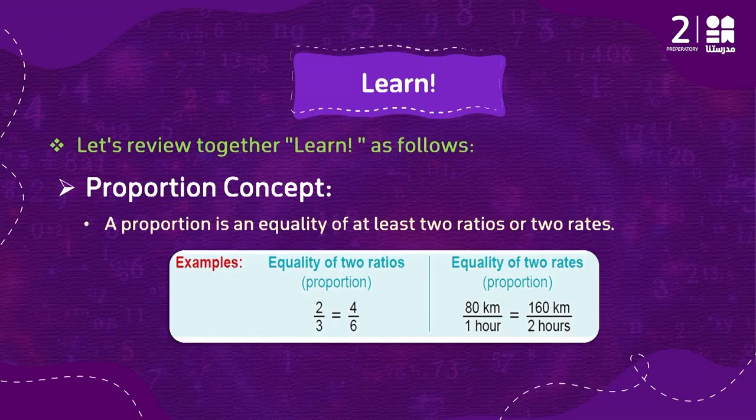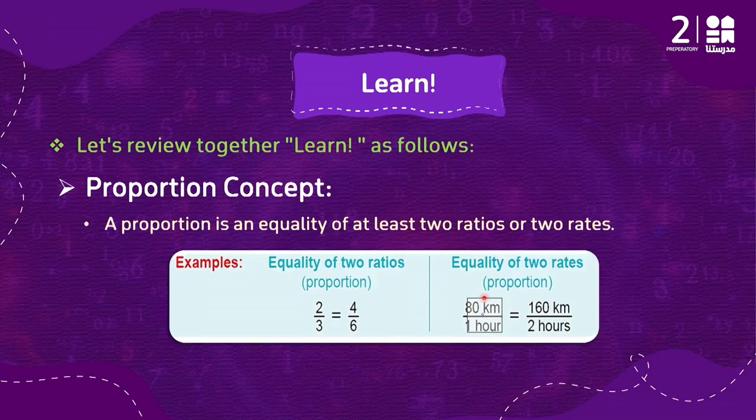So this is called a rate. 80 kilometers in 1 hour is equal to 160 kilometers in 2 hours. Or think in a different way: if you finished 80 pages in 1 hour, how many pages will you finish in just 2 hours? It's for sure 160. So now 80 over 1 is equal to 160 over 2.